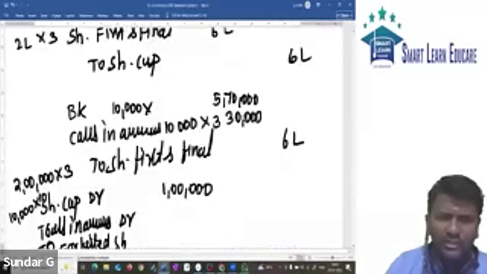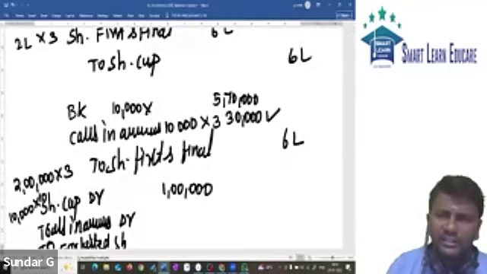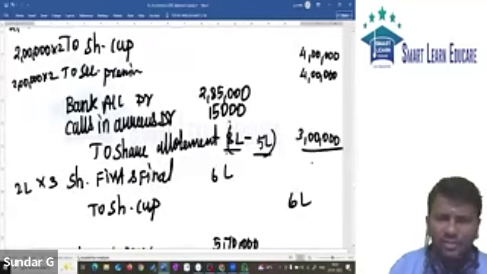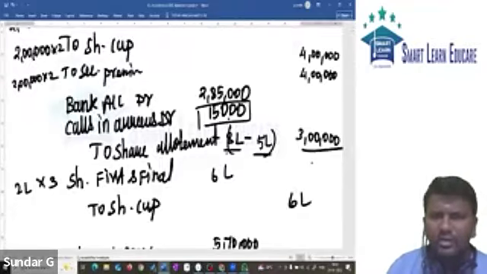Calls in arrear should be credited. What is the amount of calls in arrear? 30,000 we have in one place as calls in arrear. Also we have in one more place calls in arrear 15,000.